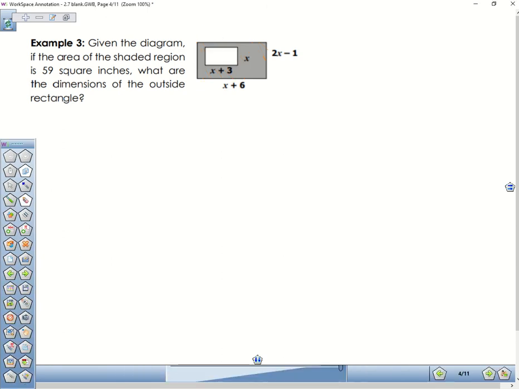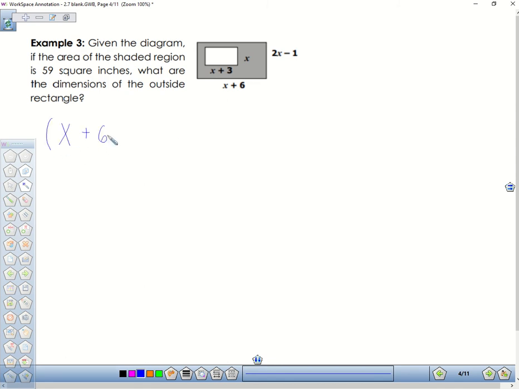So we're going to use that to figure it out. So first, in order to do this, we need to find the area of the whole thing, and then we can subtract away the smaller piece. So how could I represent the area of this whole big rectangle here? What times what? Good job. X plus 6 times 2x minus 1.